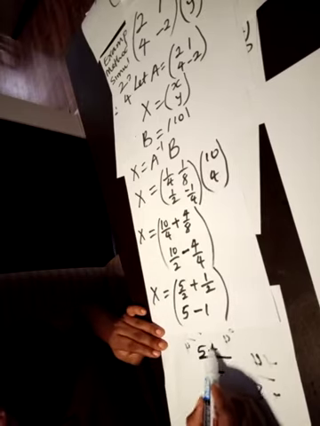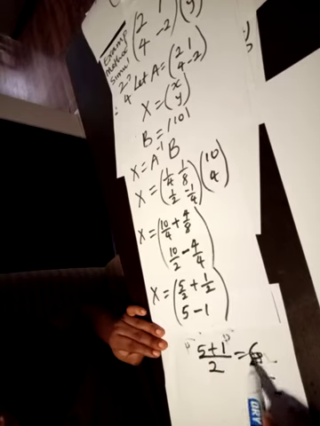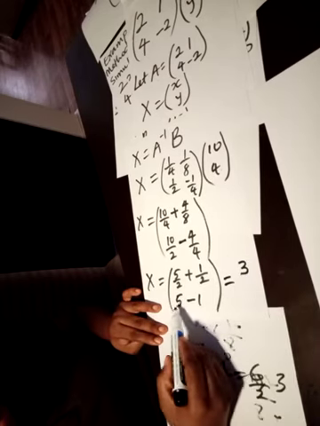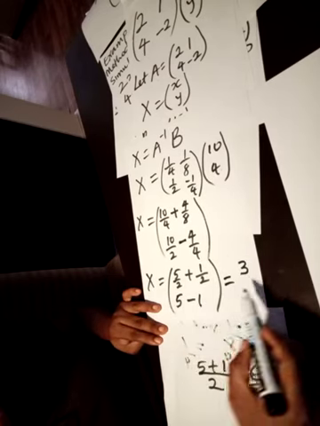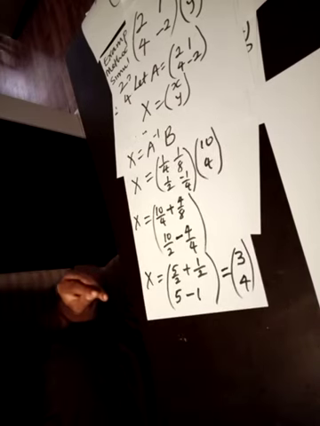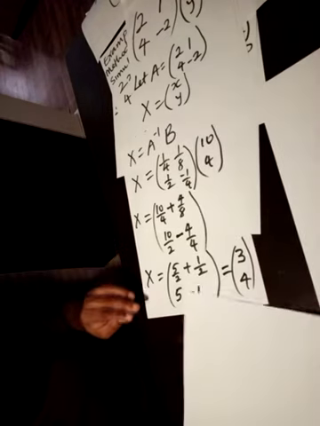I have 5 plus what? 2 into 1 times 1. That's 6 all over 2. 6 all over 2 will give me 3. So this is going to give me 3. Then 5 minus 1, that will give me 4. So at the end of the day, x, what is my x?